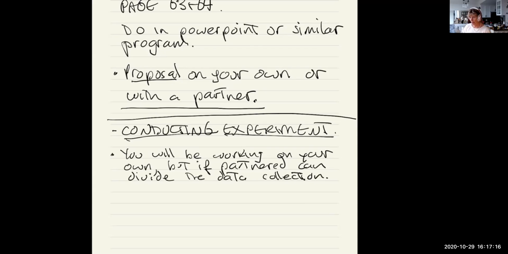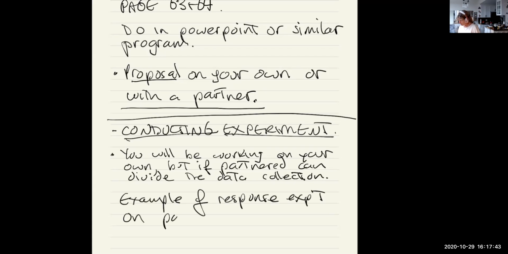So there are two good areas in your activity guide. Let me just find the pages for those ones. They're very good. So starting on page 59, there's an example for a response experiment, which shows how to collect your data and how to put it into a table.